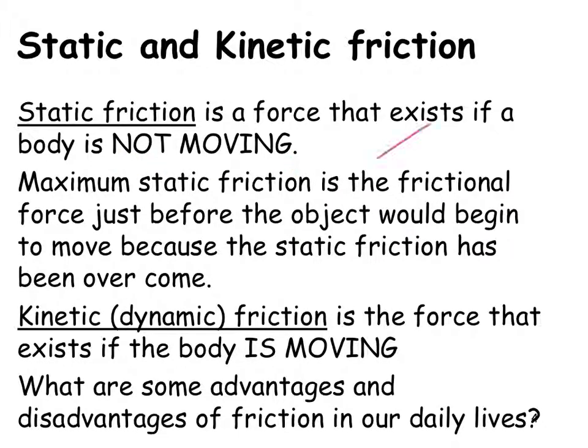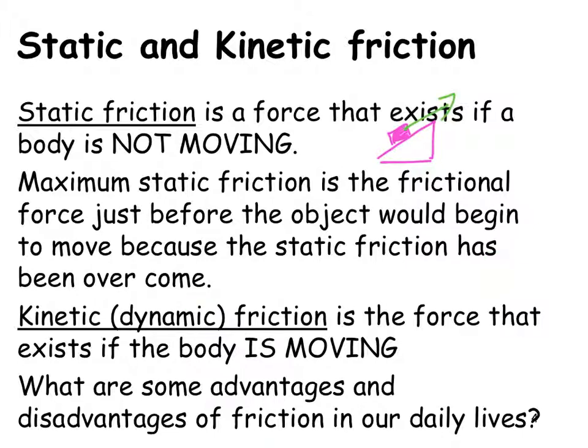And we go back to the picture where we had the brick sitting there on the slope. If it's standing still, that brick has got static friction that is holding it from sliding down that hill. The maximum static friction is the frictional force just before that object would begin to move, because the static friction has been overcome.